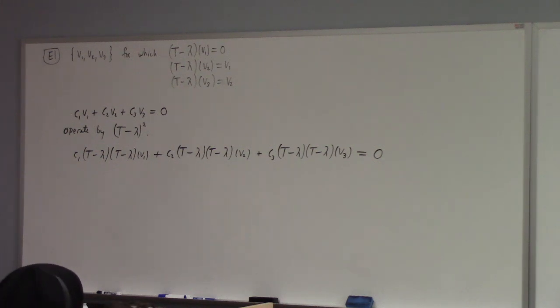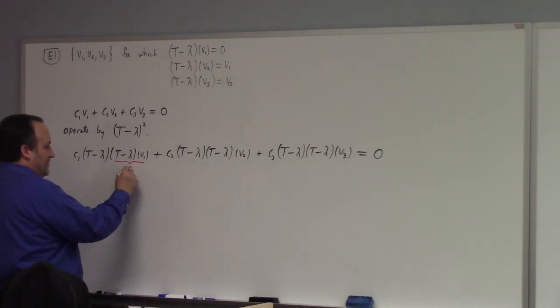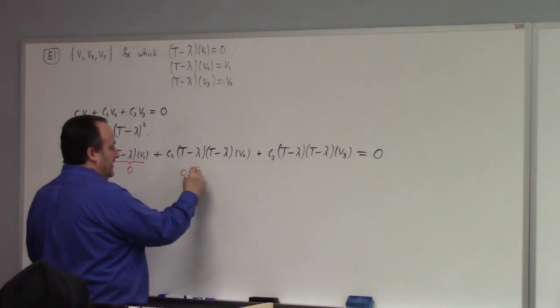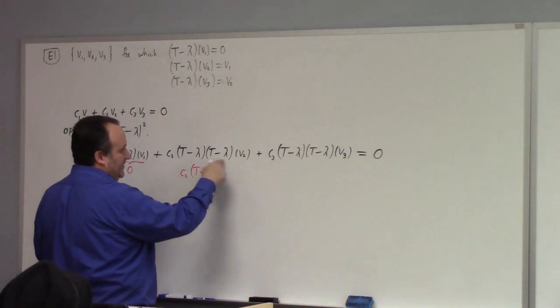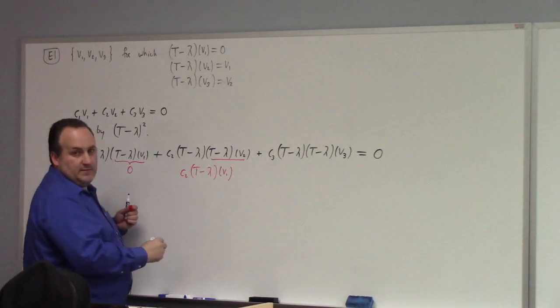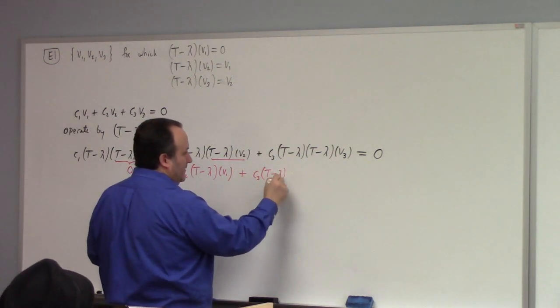So how does this simplify? What you got is 0, right? This is by assumption 0. And so we have C2 (T minus lambda) times what, acting on what? This is by assumption V1, right? And this is what?